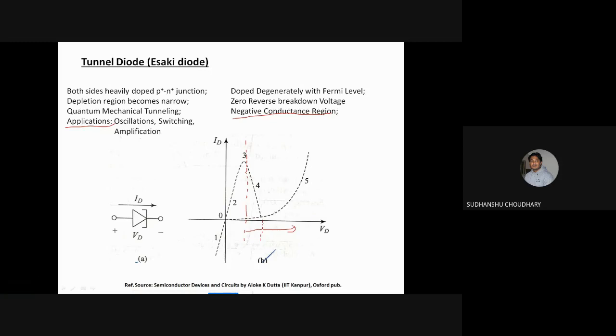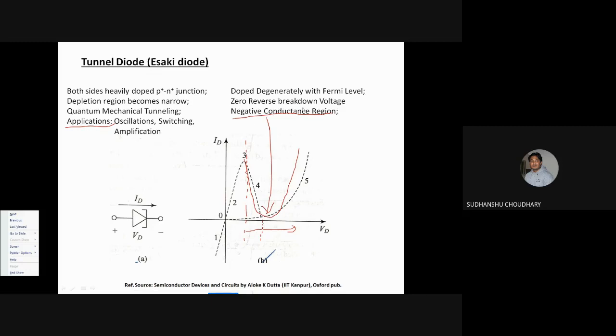Now this region is called the negative conductance region. That is, the current starts falling down while the bias is increasing. The bias voltage is increasing and the current is falling down. That is why this is called the negative conductance region.